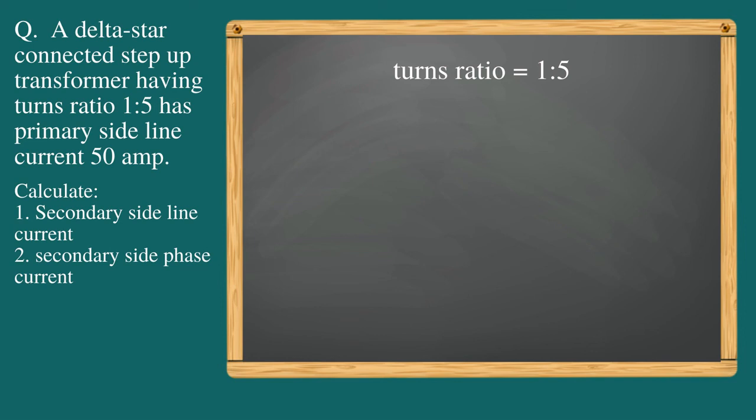Now the turns ratio is given 1:5, and we know that for a transformer N1 I1 is equal to N2 I2, where N1 and N2 give the turns ratio and I1 and I2 are primary current and secondary current. So from here we can easily calculate I2. Now 28.86, that is primary current and it is phase value.